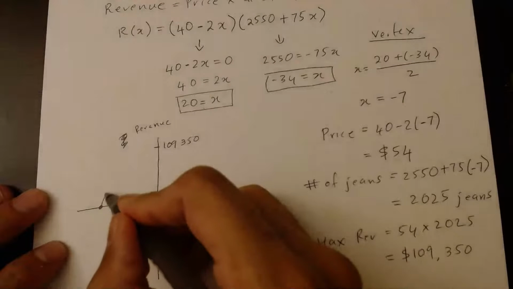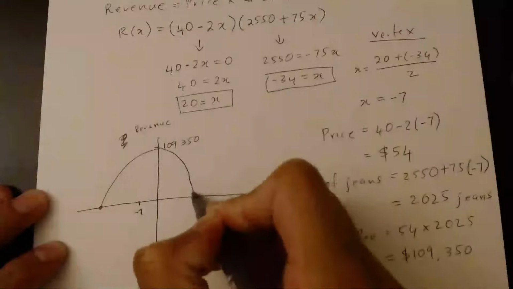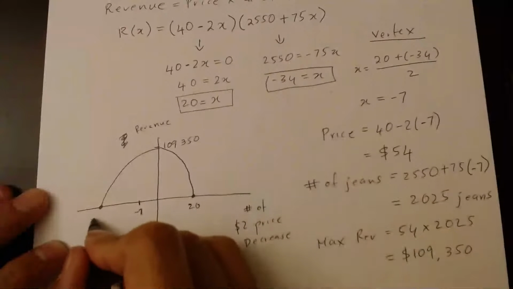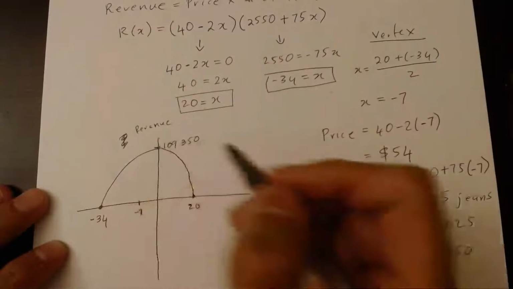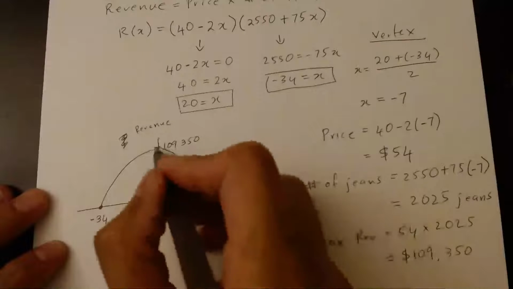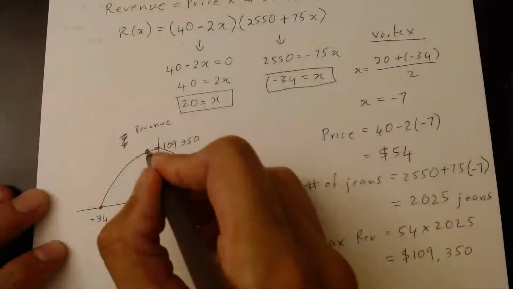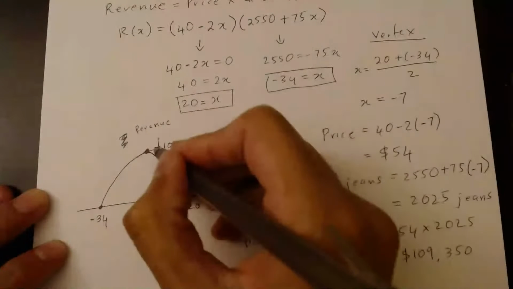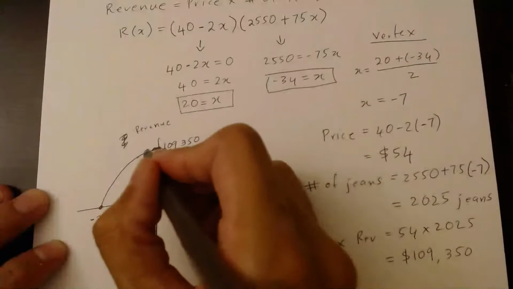So this is what our graph will look like in this situation. This is actually not the y-intercept. This is the point here. I know my graph is a bit off, but I haven't drawn my scale so well, but that's not a y-intercept. That is just the y value of the max revenue.